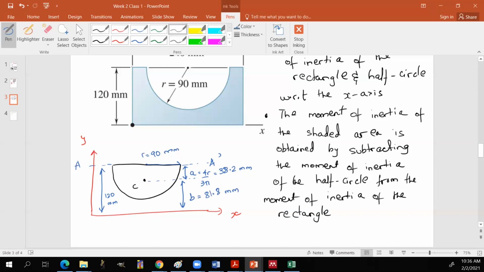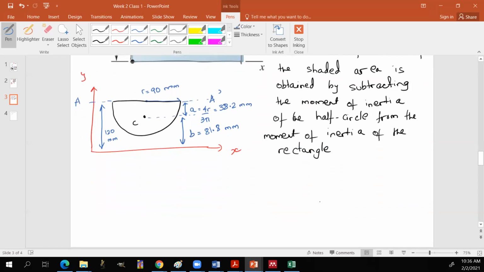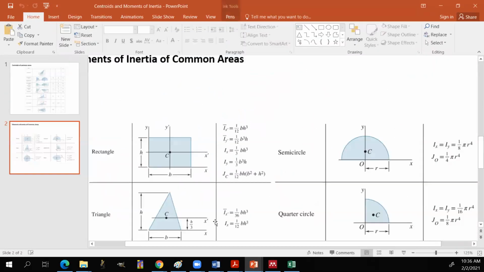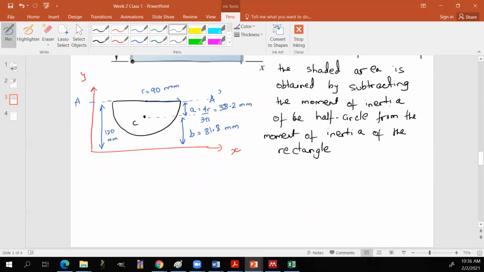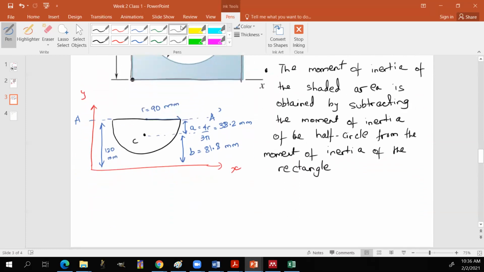Then let's look at this big rectangle, right? I'm going to draw it out with gray, right? So going to our guy over here, about this x-axis here, it's 1 over 3 b times h cubed, right? So about the x-axis, let's look at rectangle, right?